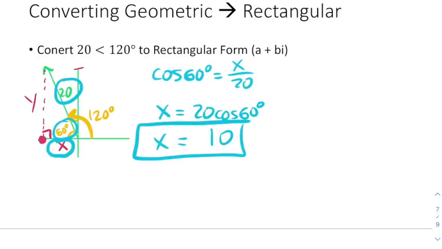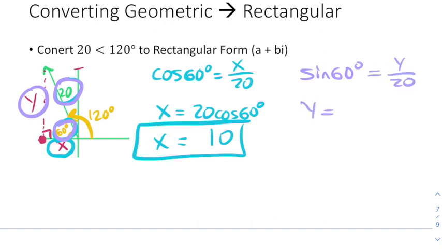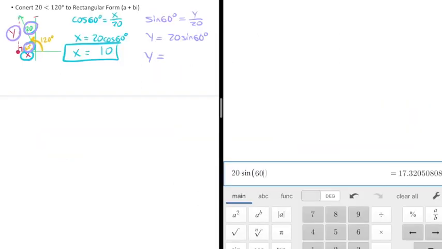Now, as we try to solve for y, we still know that 60 degree angle, 20 is still the hypotenuse, and the y is the opposite side. So opposite and hypotenuse would say we could use sine. The sine of 60 degrees would equal the opposite y over the hypotenuse 20. So y equals 20 sine 60, which my calculator tells me is 17.32.